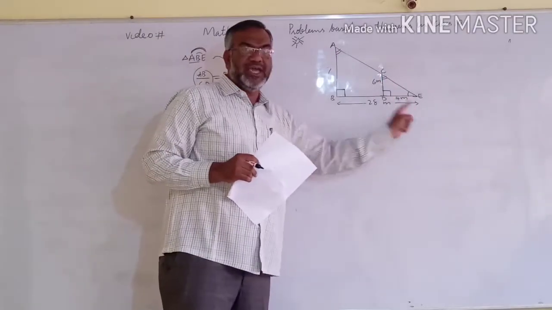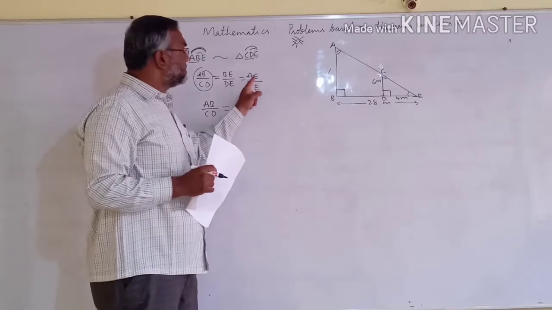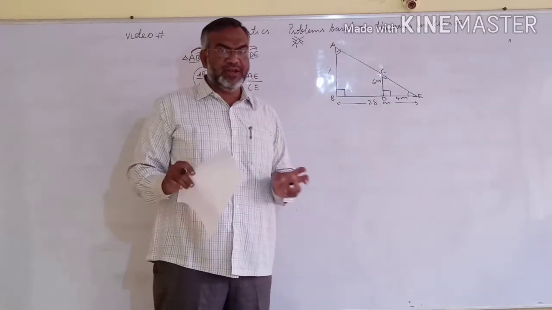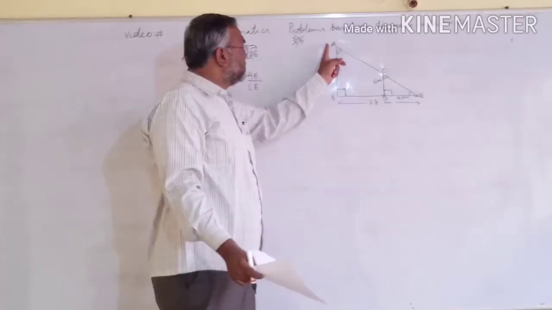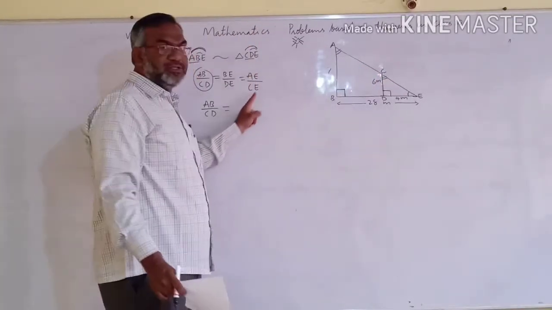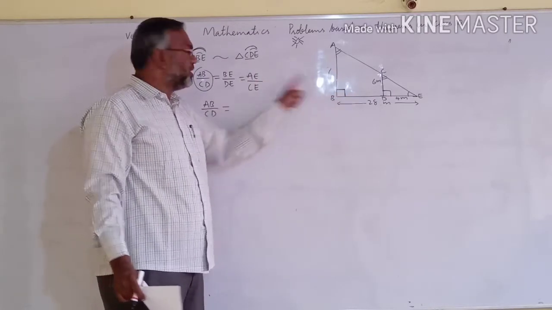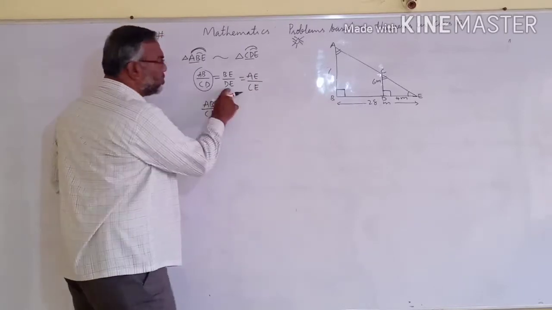Because the lengths of AE and CE are not given and we do not have to find them either. So this last ratio is useless for us. We will use these two only.